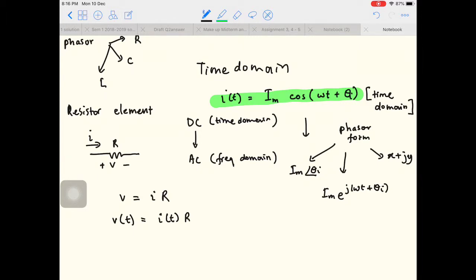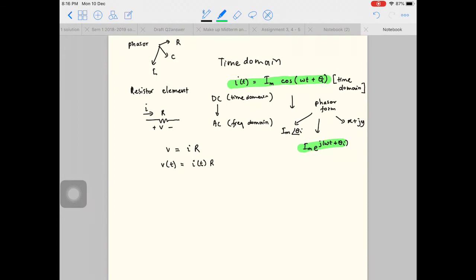So maybe this one first. If we want to convert this into exponential form, this one is equal to Vm e^(j(omega t plus theta v)).